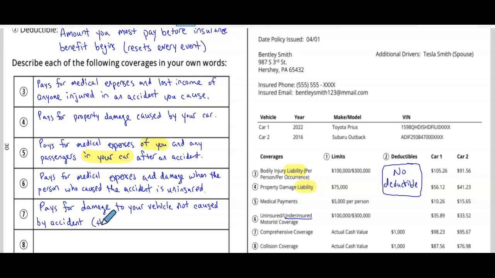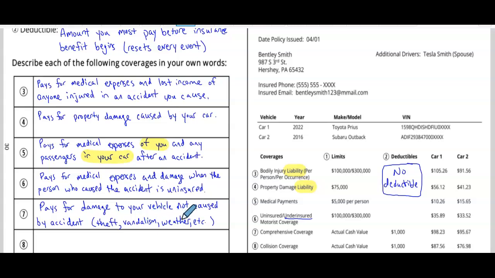So things like theft, things like vandalism, things like weather. We can do an example of all of those, right? Your car gets stolen. That's the first thing. That's the worst case scenario. If your car gets vandalized, somebody keys it or bashes your mirror or slashes your tire, something like that, your comprehensive insurance can cover that.